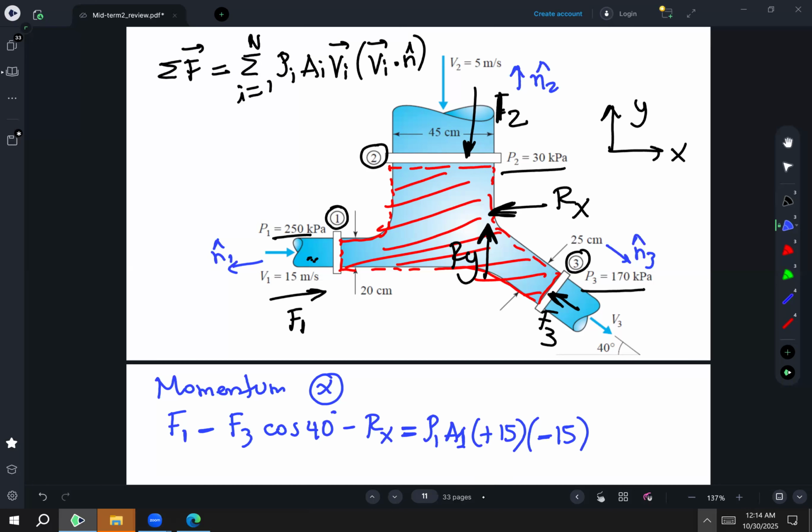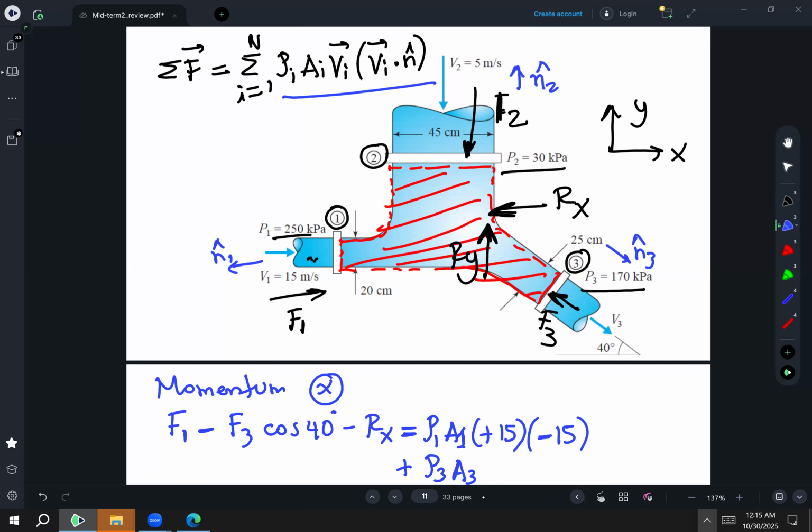Okay, there is no momentum in pipe 2 because it's only in the y direction. But for pipe 3, we have a momentum in the x direction. So let's apply the formula again here. So it's going to be plus density 3, area 3. What is going to be the velocity in 3 in the x direction? Velocity of 3 in the x direction.